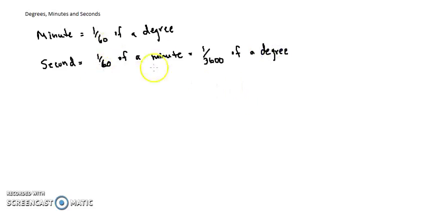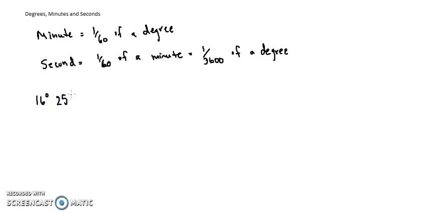Okay, so again, we're using these 60s. So a minute is a 60th of a degree, and a second is a 60th of a minute, or a 1/3600th of a degree.